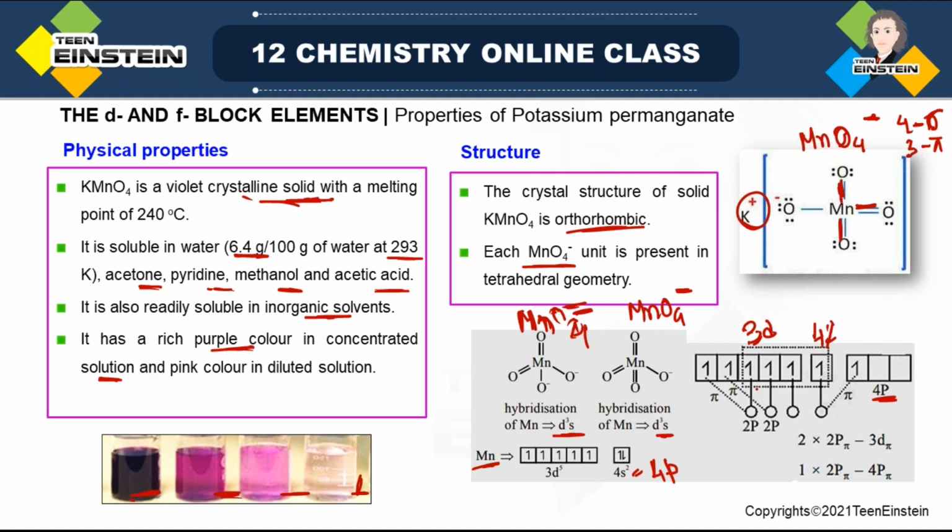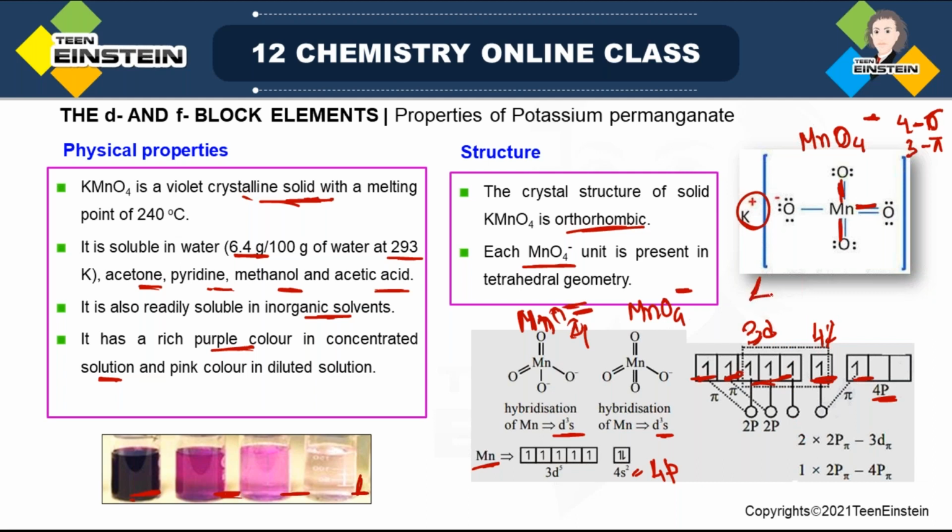Now we know that when pi bonds are formed, the electrons that are used are not involved in hybridization. So these 2 electrons in d and 1 electron in p are not part of hybridization. These 3 electrons in d and 1 electron from s together give the d3s hybridization, and 4 orbitals take part.